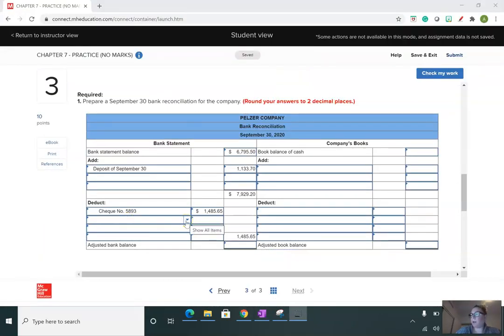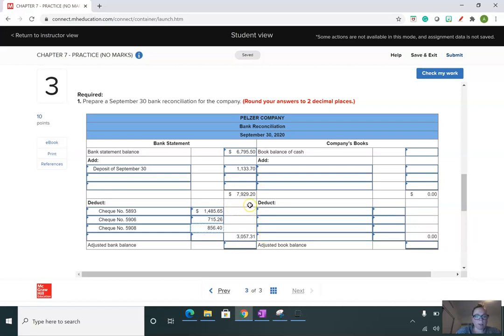Okay, so the one check was 5906, and that was for 715.26. And the other one was check number 5908. And that was 856.40.